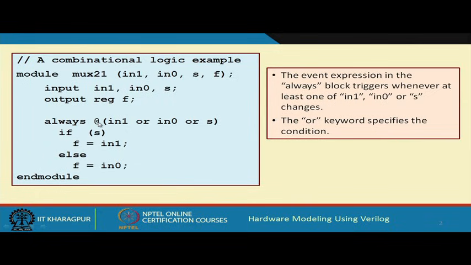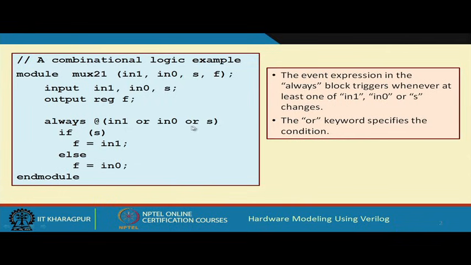Here in the always block the event expression is whenever any of the inputs changes, in 1 or in 0 or s. So, whenever any of the inputs changes I update my value of f. What I do? If s is true, that means s is 1, then in 1 will go to f, otherwise if s is 0, in 0 will go to f.